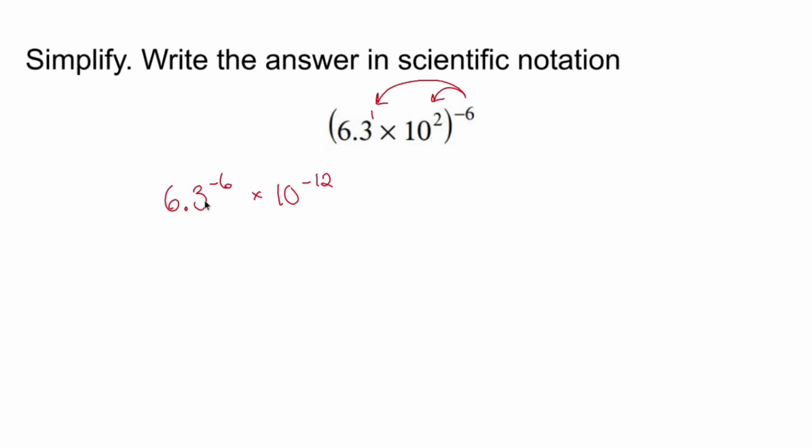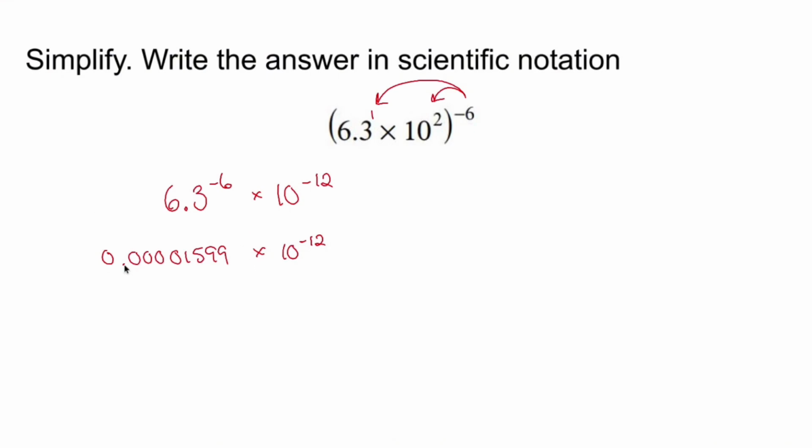Now you're definitely going to need a calculator to find out what 6.3 to the negative 6 power is, so let me go off to the side and do that. 0.00001599, not the prettiest guy on the planet, but that's going to be multiplied to 10 to the negative 12.